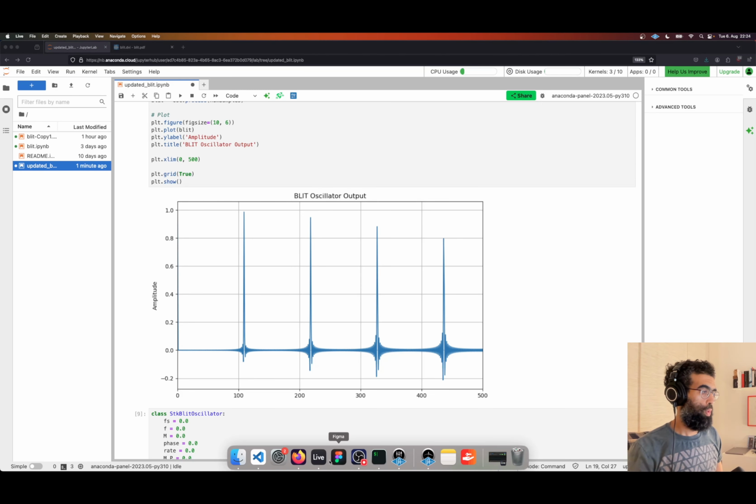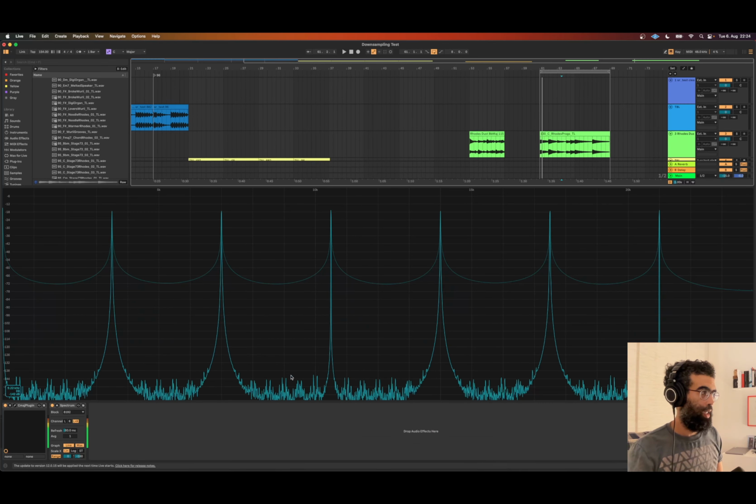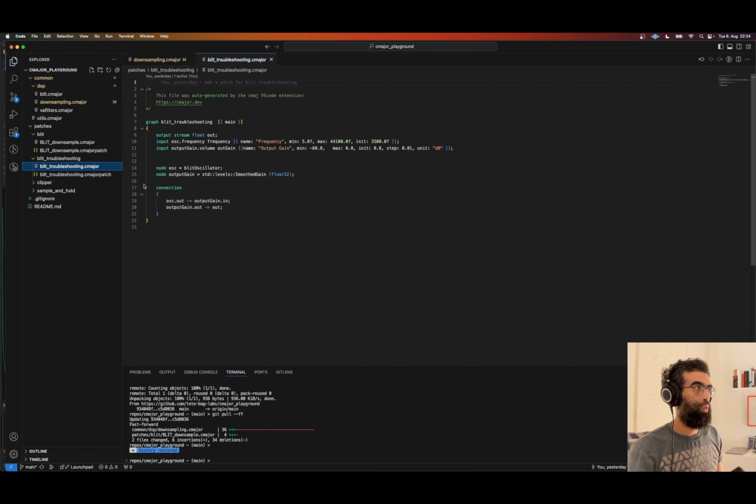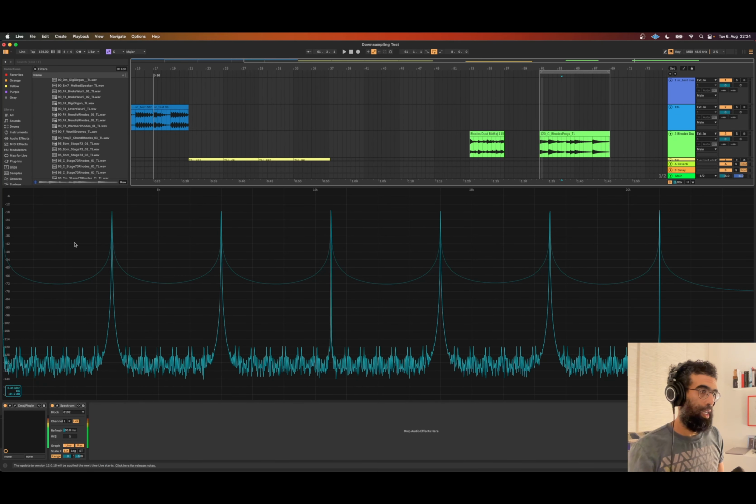So I also ported these changes over to Cmajor. And this is the result, right? We'll prove it. So here's the blit troubleshooting Cmajor patch. You see that we're using the blit oscillator, which is the one implemented directly from the Stilson and Smith paper.